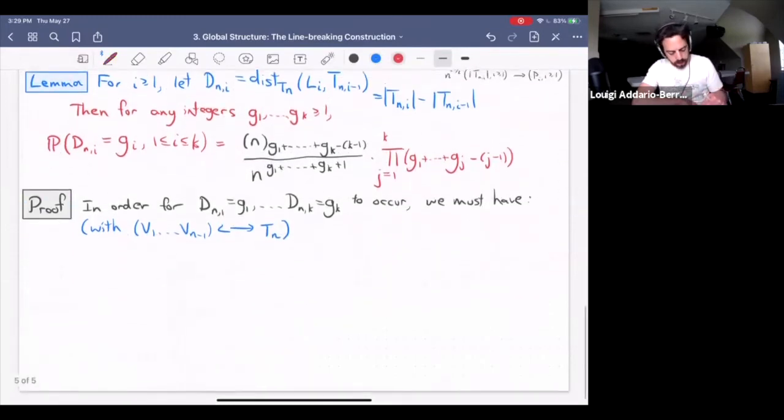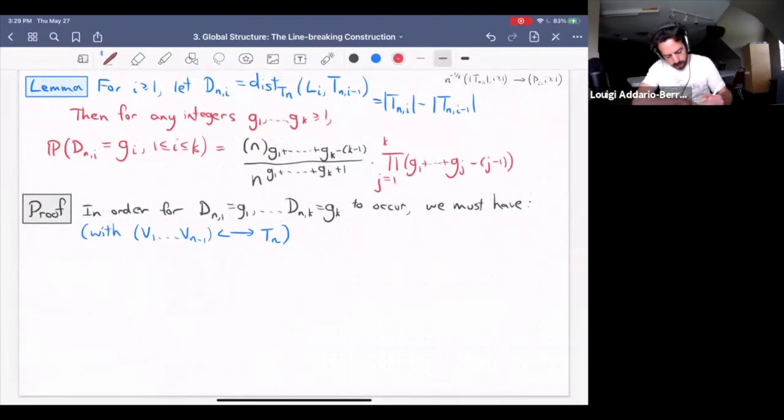First, this is saying that the first branch has length g1. That means we must have seen values all the way up to g1, and then we saw a repetition. When we see a repetition, that means we create a leaf, and then the next value, vg1 plus 1, appears somewhere down here in the sequence.